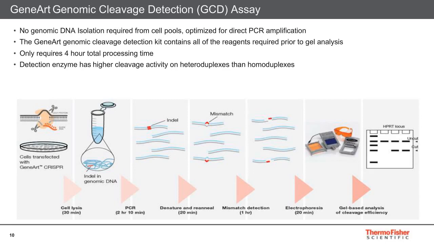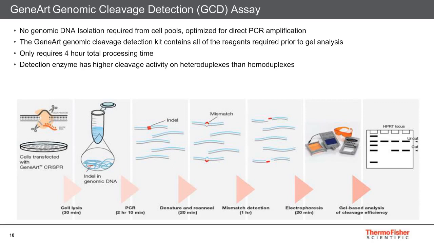So DNA double-strand breaks caused by the genome editing tool usually get repaired by one of the many pathways. The most predominant one is non-homologous end joining. The non-homologous end joining pathway causes generation of small insertions or deletions in the DNA upon repair. And that's the insertion and deletion that this method will ultimately detect.